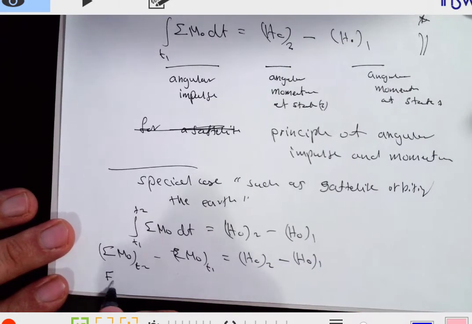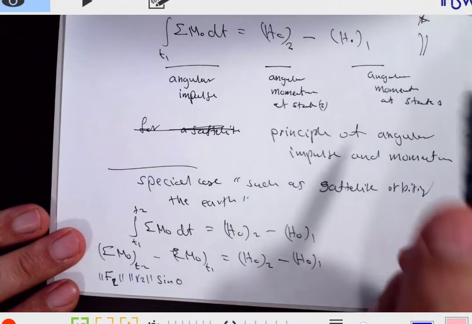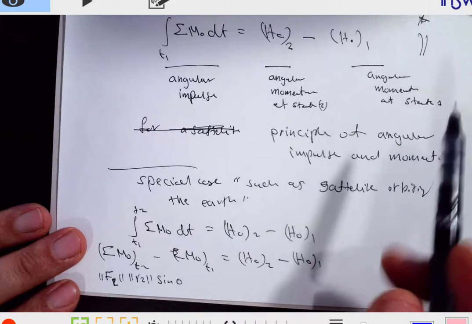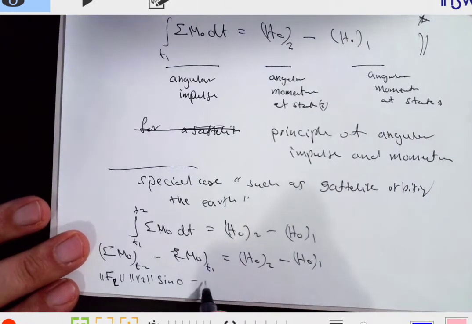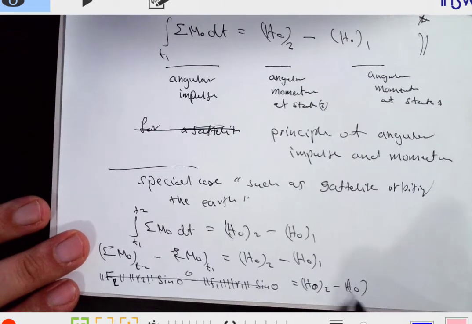This is going to be F2 as a magnitude, R2 sine of the angle, which is 0, because we said the Fr is going along the radial, minus F1 R1 sine 0. So the entire thing drops to 0, equal to h naught 2 minus h naught 1. That's going to give you h naught 2 equal to h naught 1.